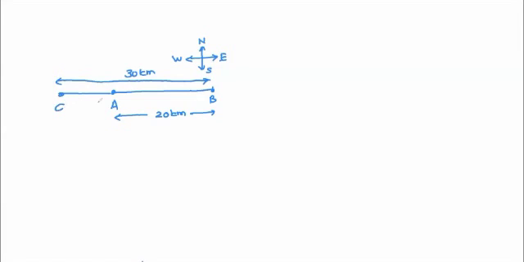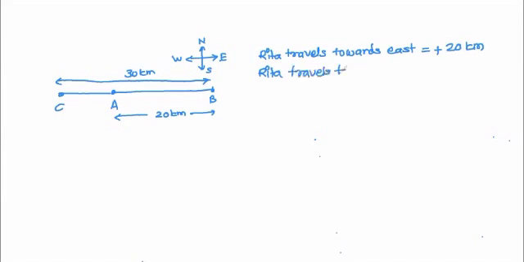So let's solve this. Rita travels towards east is equal to, what is the distance she is traveling? 20 kilometers, and we have said that we are going to take this as positive. Rita then travels towards west, and she's traveling west 30 kilometers.